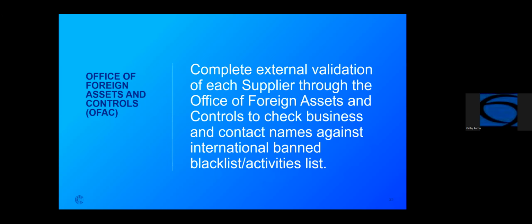The next item that we have for validating suppliers is the Office of Foreign Assets Control. What you would do here is complete external validation of every supplier on your network through the Office of Foreign Assets Control to check businesses and contact names against the banned blacklist or activities list.